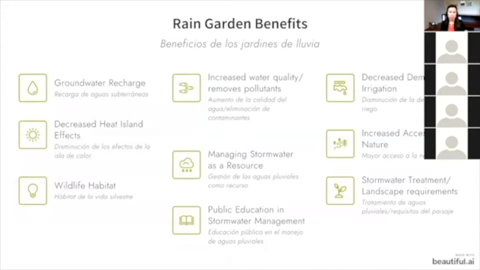Benefits of rain gardens. We've talked about how they increase water quality and remove pollutants. They also recharge our groundwater. So instead of water going down a steep slope, running into our storm drains, and then into our rivers immediately, where it's really spiking our hydrograph, we're having water sit slowly.